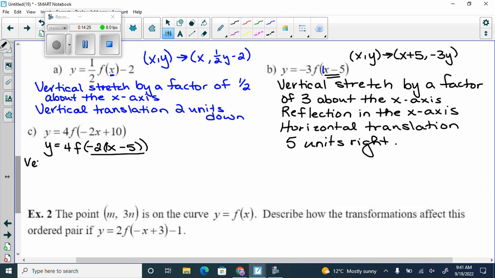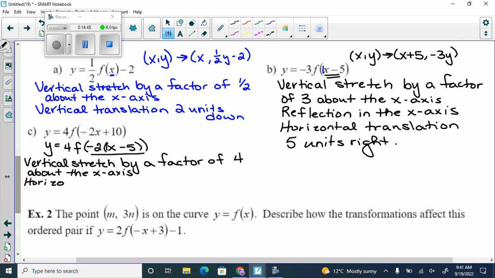So I have a vertical stretch by a factor of 4 about the x-axis. I have a horizontal stretch by a factor of 1/2. Always flips about the y-axis. I have a negative in front, so it's a reflection in the y-axis.